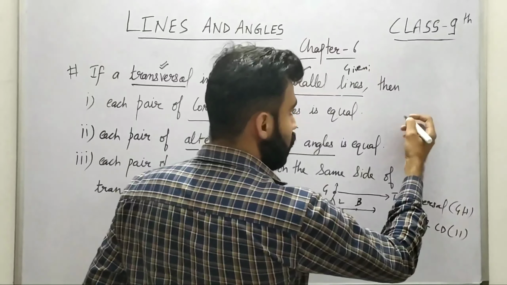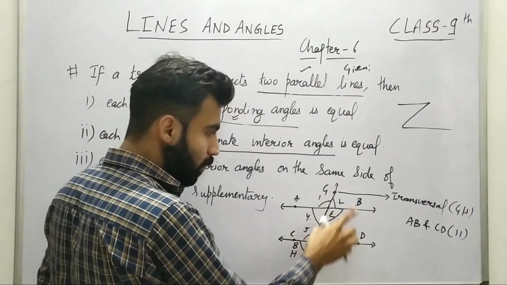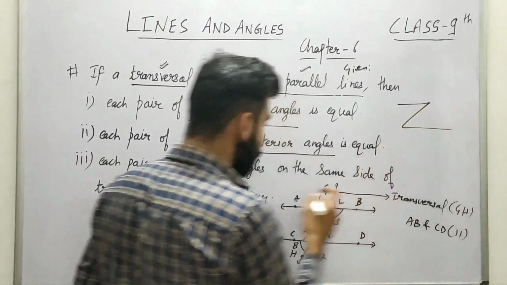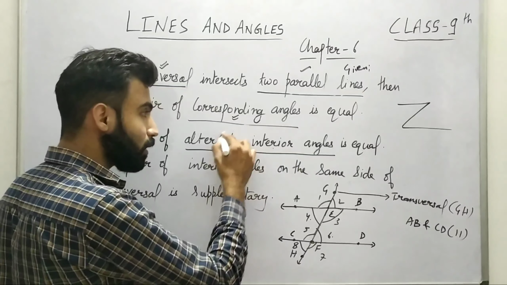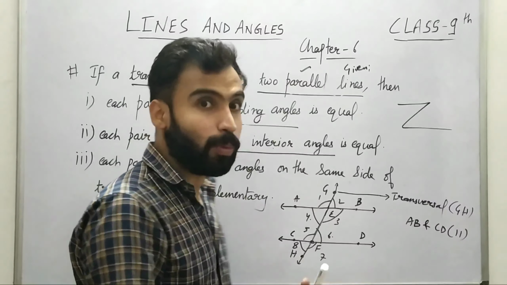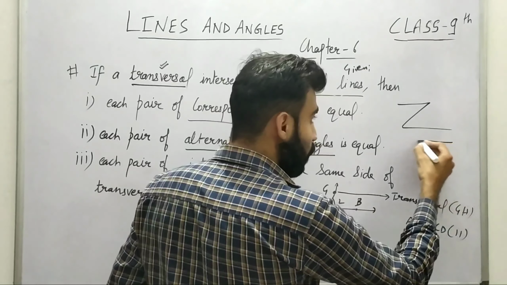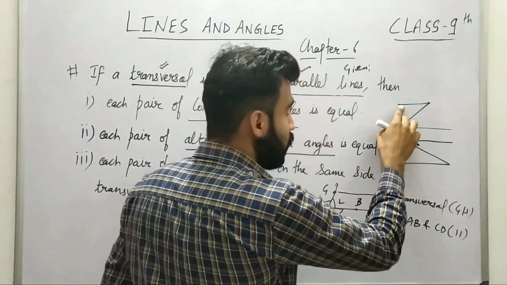So a structure of Z is formed in this figure. So you will see interior angles. Let me first tell you what alternate angles are, then I will tell you what interior angles are. So alternate angles are those which form a right Z or opposite Z structure, right?